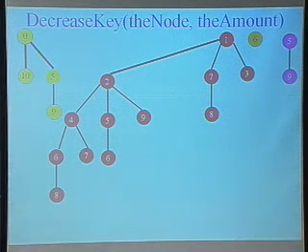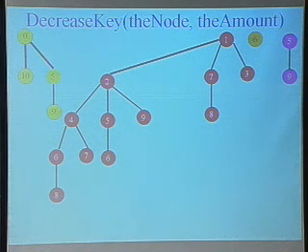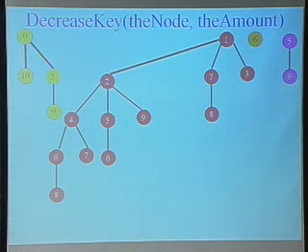Whereas in the previous case, we saw that it was really order of the degree of a node. All right, questions about how a decrease key is done?